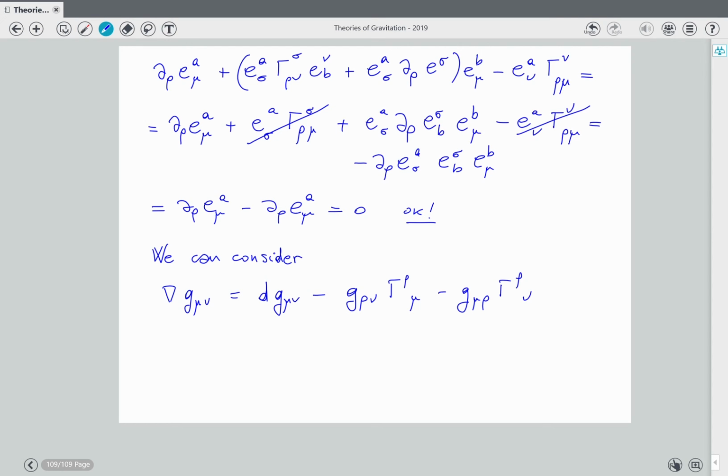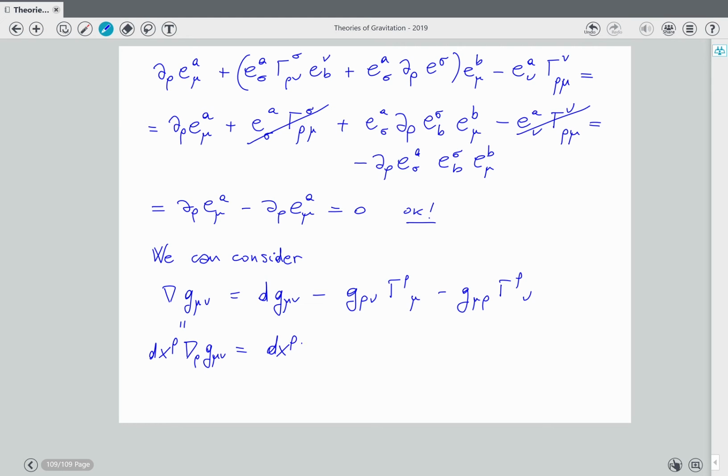In a basis, the usual one, we will have the covariant derivative, so we can work out what we can call del rho g mu by decomposing this in components.